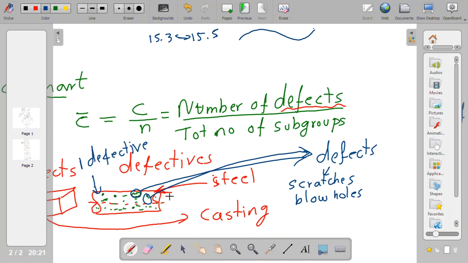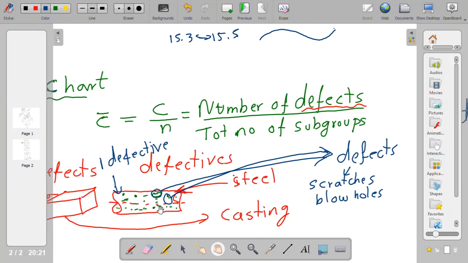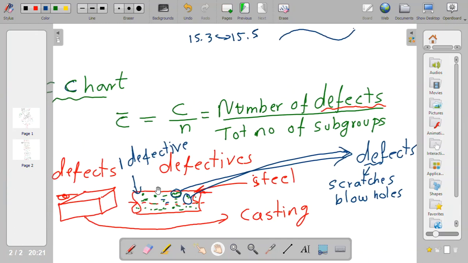Now you will understand the difference. Defective means we consider the total item. But defects are whatever quality characteristics you use to decide the quality of the shaft. Many shafts will be there, so defective and defects are in different columns.